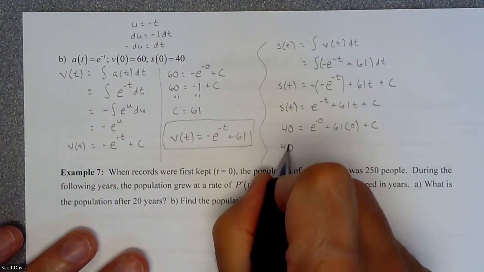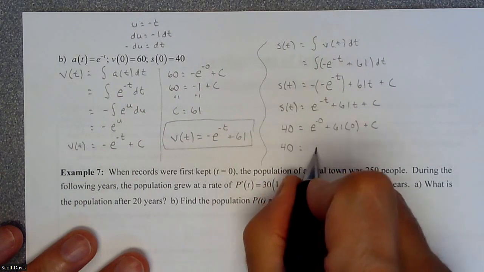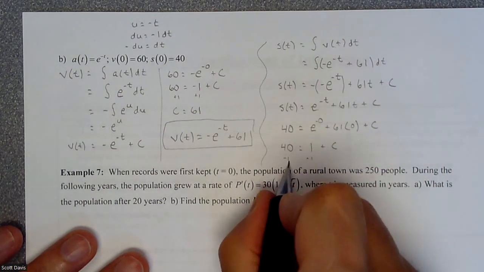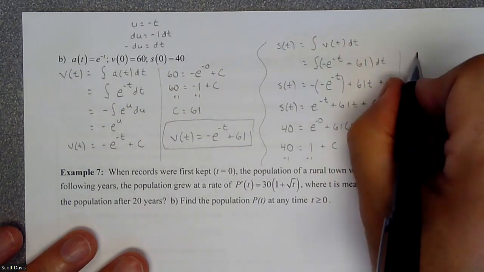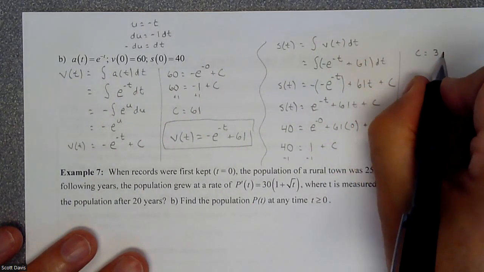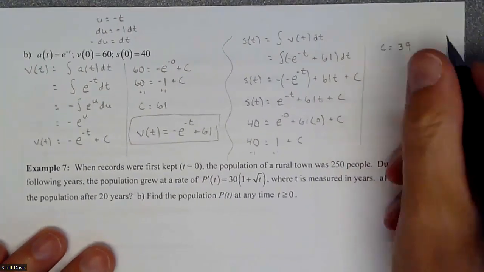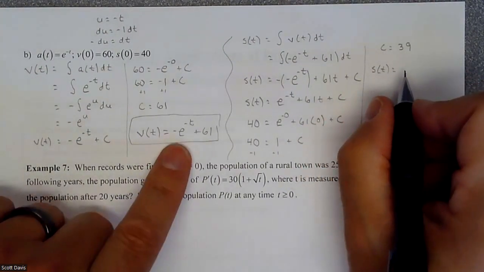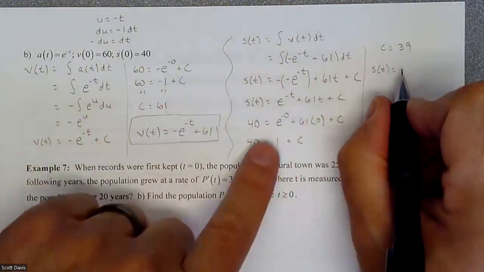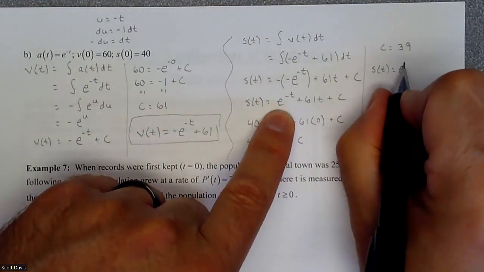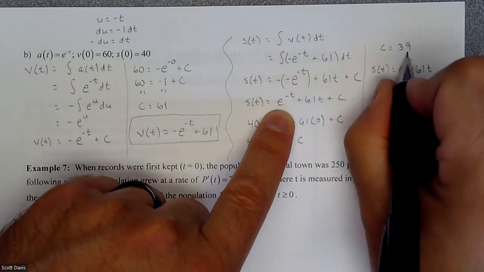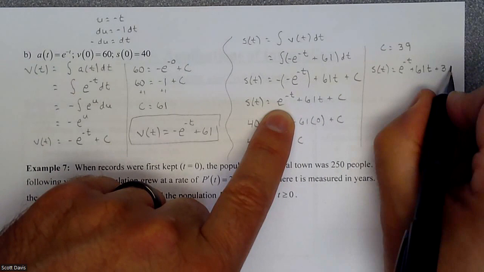So that's 40, that's 1, and that's 0. So we would subtract 1, giving us a c value of 39. So our position function, based on all this information and on this being our velocity function, is e to the negative t plus 61t plus 39.